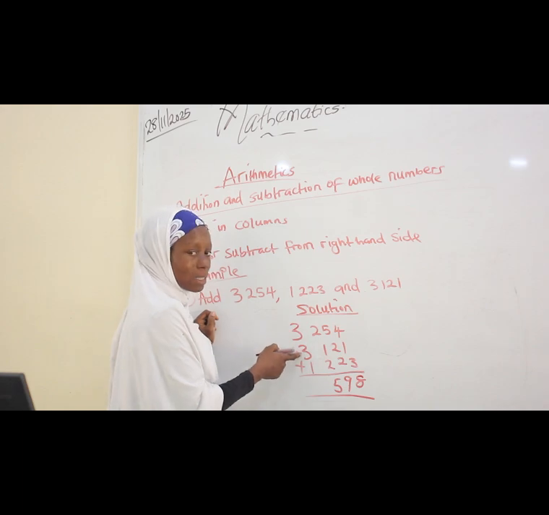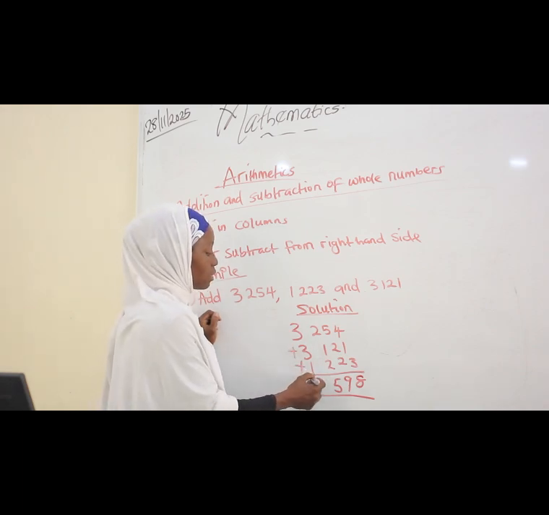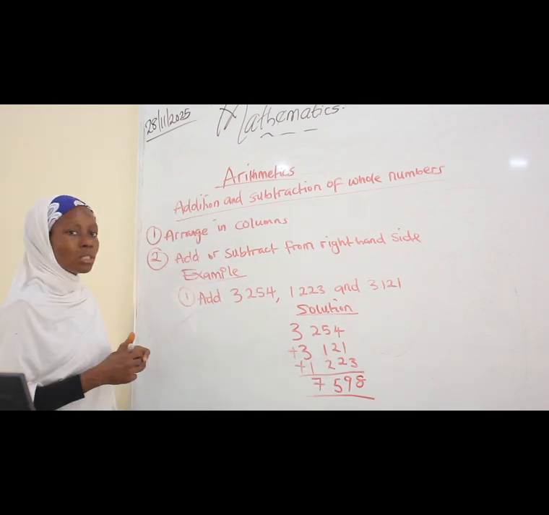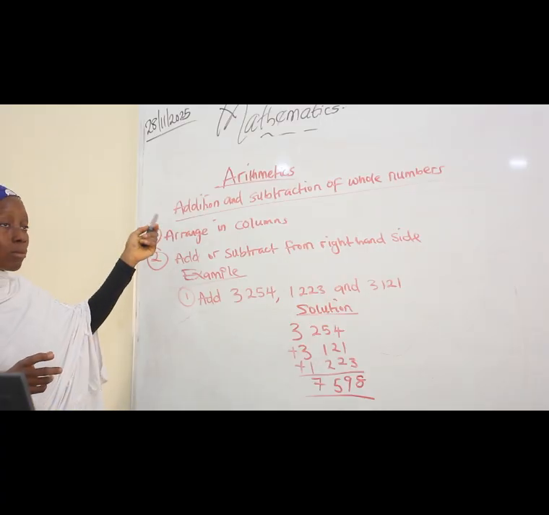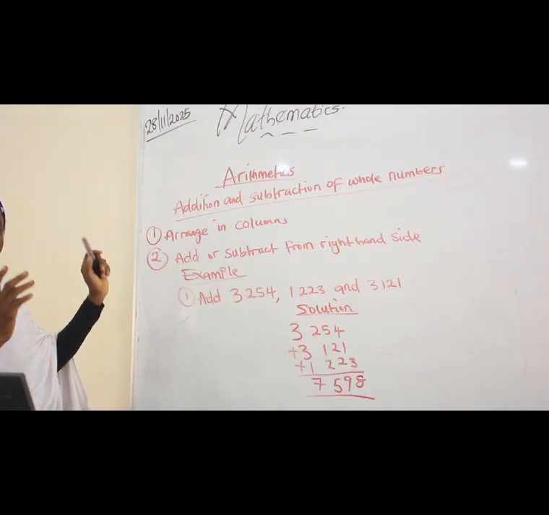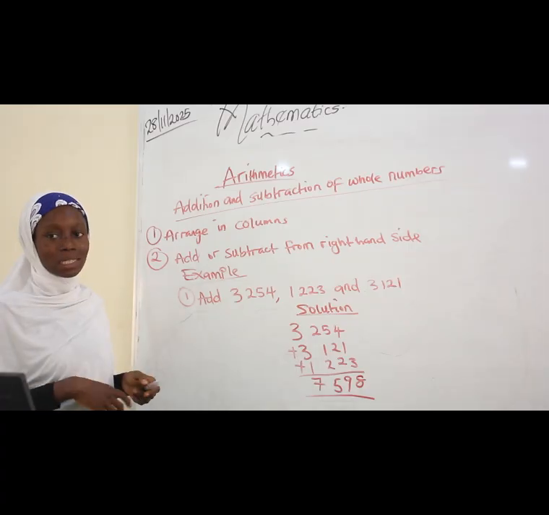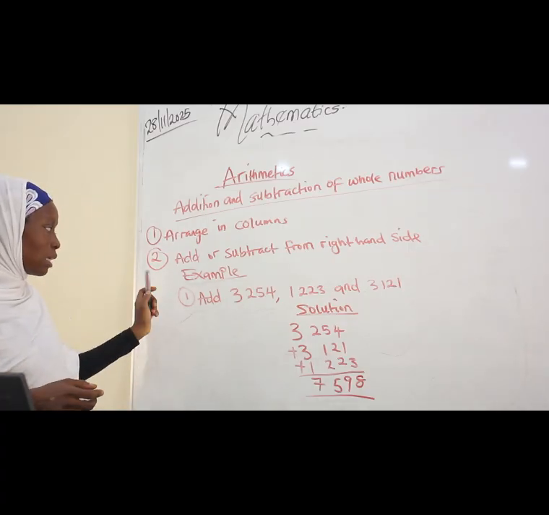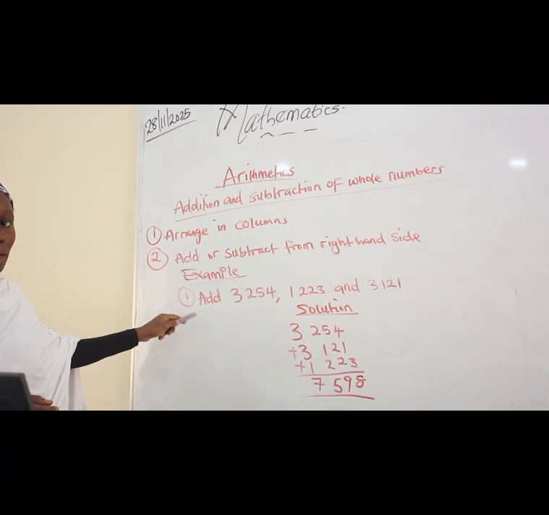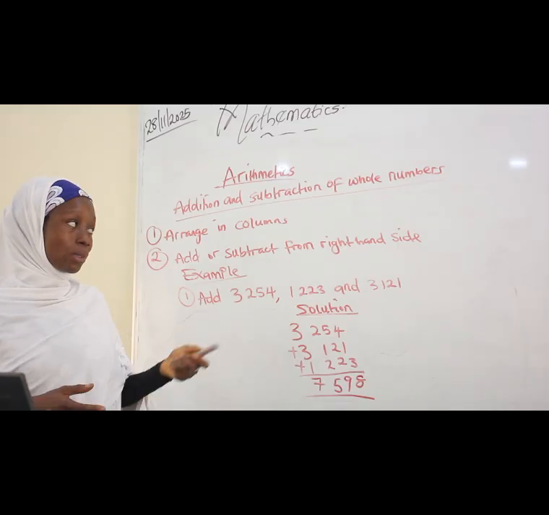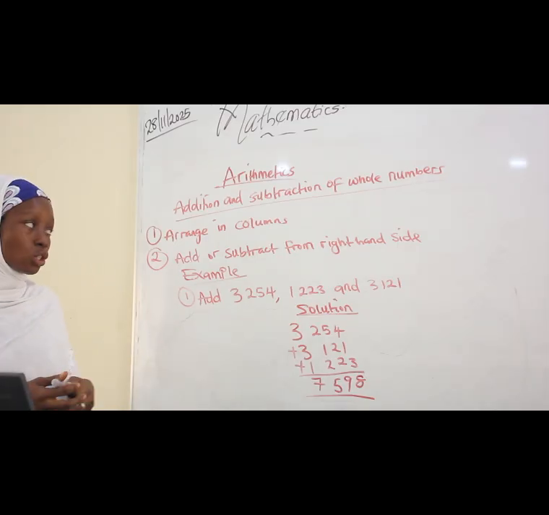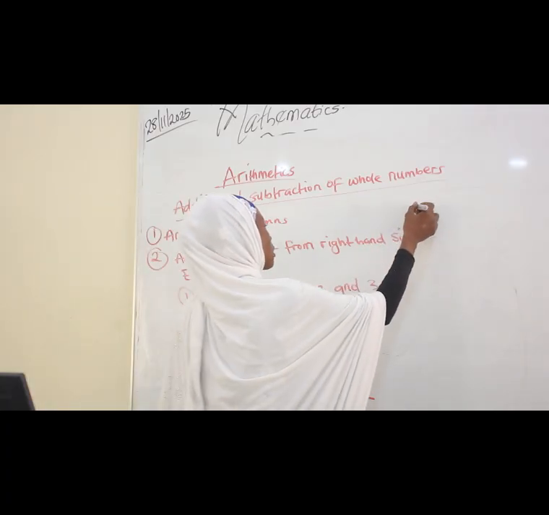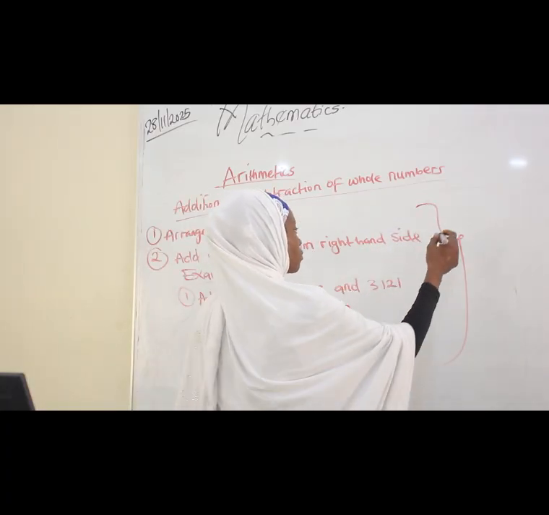Then we have 3 plus 3, 6 plus 1, 7. So the concept is just for you to get the steps involved when adding or subtracting whole numbers. So that's an example under addition of whole numbers. I'll take one more example under subtraction, then move to the next topic.